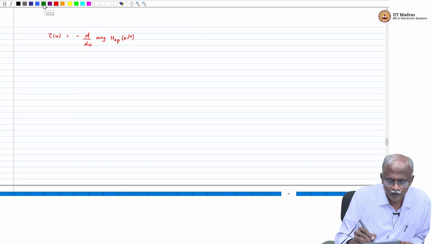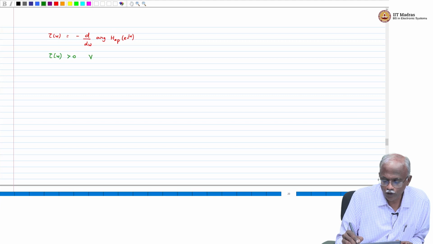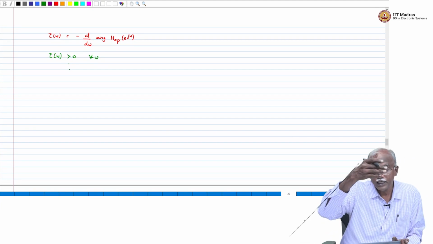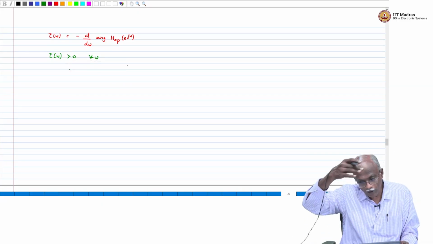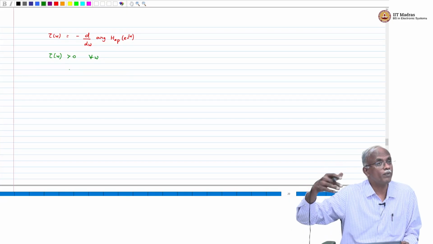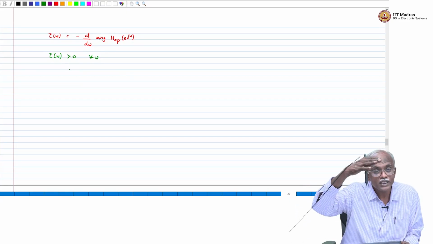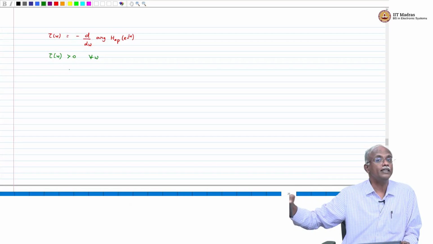If tau of omega is greater than 0 for all values of omega, then the slope of the phase of the all-pass function must be always negative.